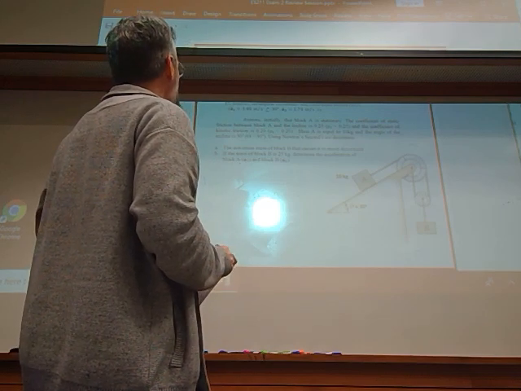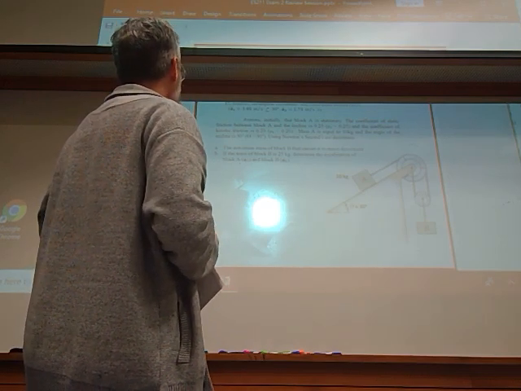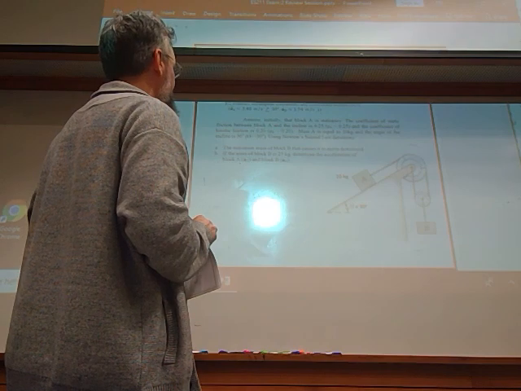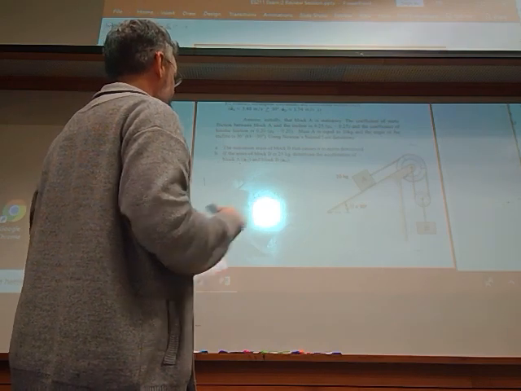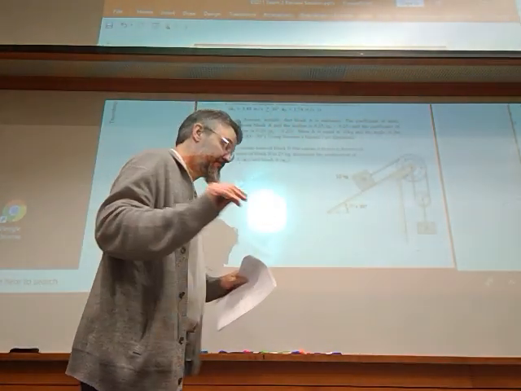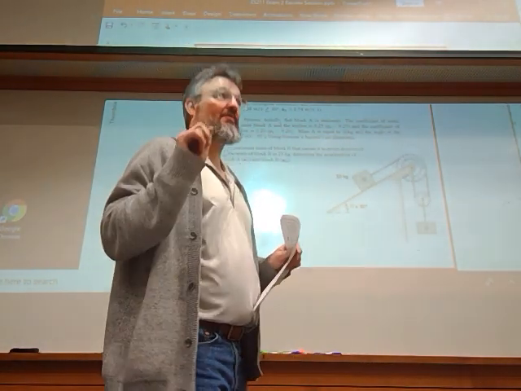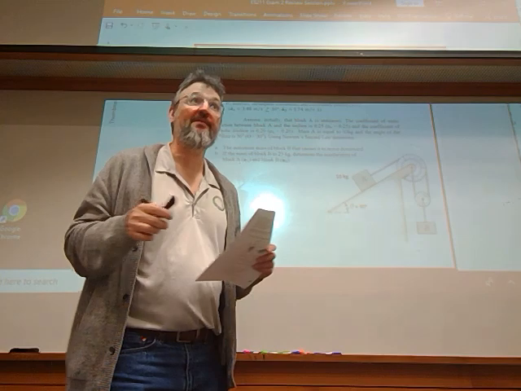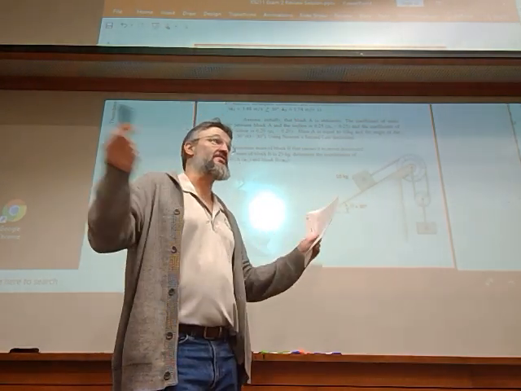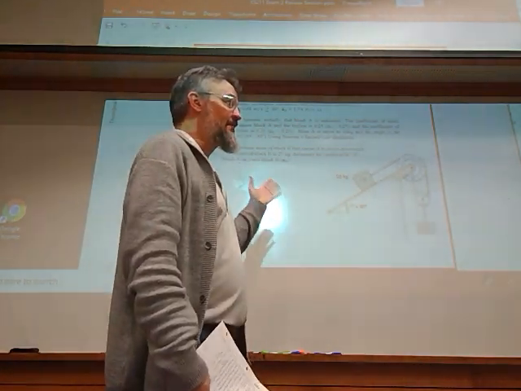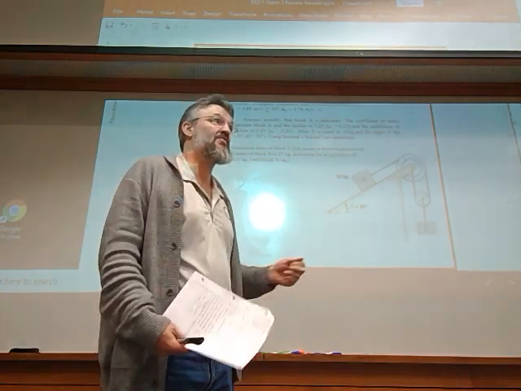The coefficient of static friction is 0.25. Let's just go ahead and assume it's moving. We could do statics to start with and see if it starts sliding, because the static friction could be sufficient so the thing doesn't move at all.